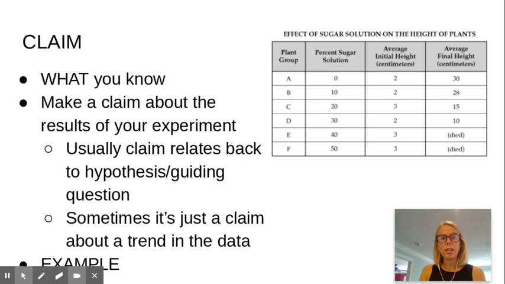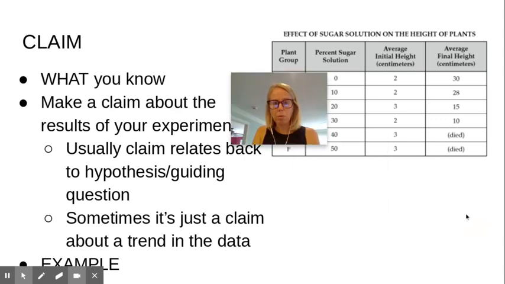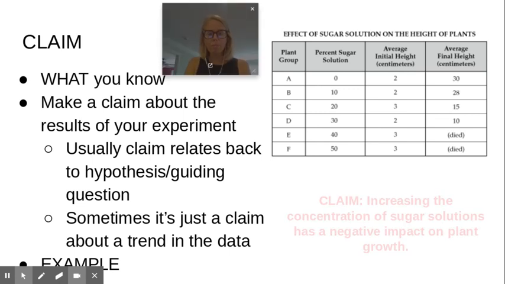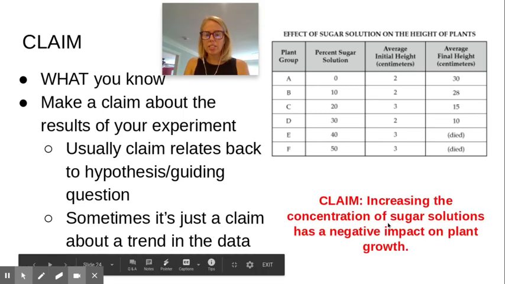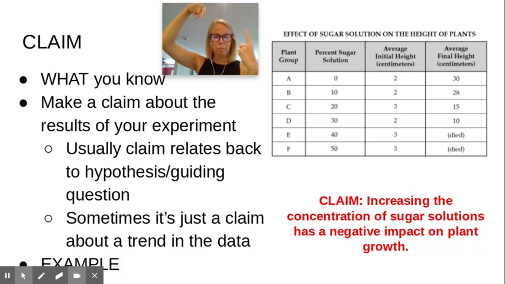If you were asked to make a claim about this data, I'll offer one example. We could claim that increasing the concentration of sugar solutions has a negative impact on plant growth. We could just talk about the fact that as the sugar solution goes up, the plant height goes down.